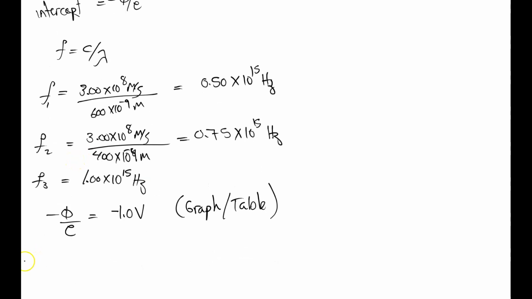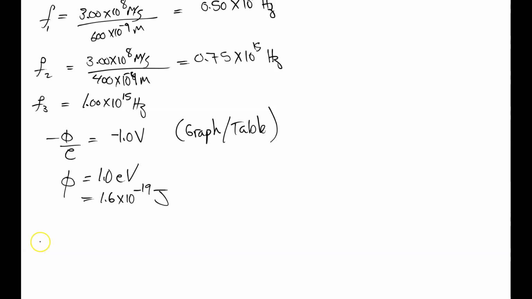So either way we can get that phi then is going to be 1 eV, or 1.6 times 10 to the negative 19th joule.